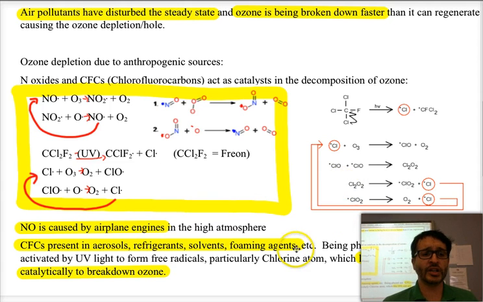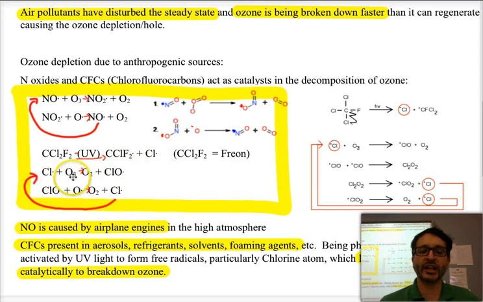The other thing that I want to show you is that CFCs, chlorofluorocarbons, which were used as propellants in canned air spray and all those kinds of things, hairspray, actually react with the UV. The UV will break the carbon-chlorine bond, creating two different radicals. We'll create a freon radical, which we don't really care about, but we are also creating the chlorine atom or chlorine radical.